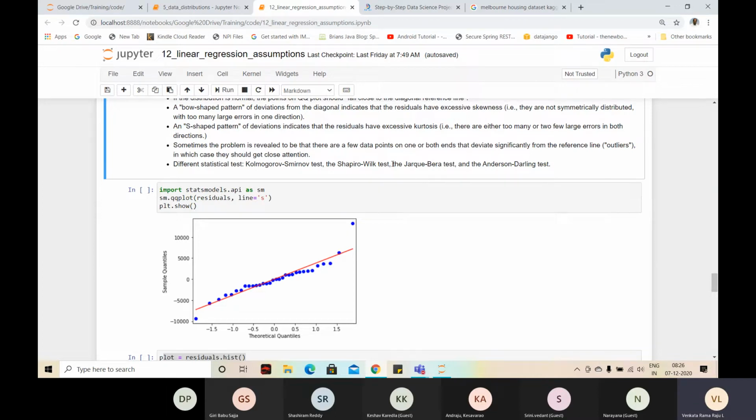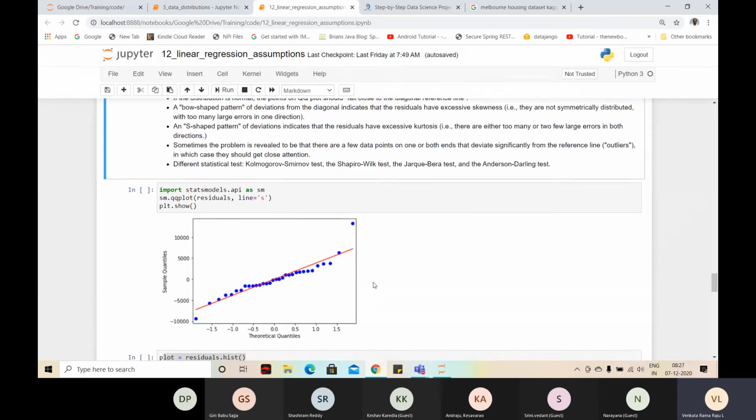Kurtosis is good in a way, as most of the data is falling close to the mean. If the mean is zero, then it is good. If the mean is not zero, then maybe the model is predicting all values a little far from the actual y.